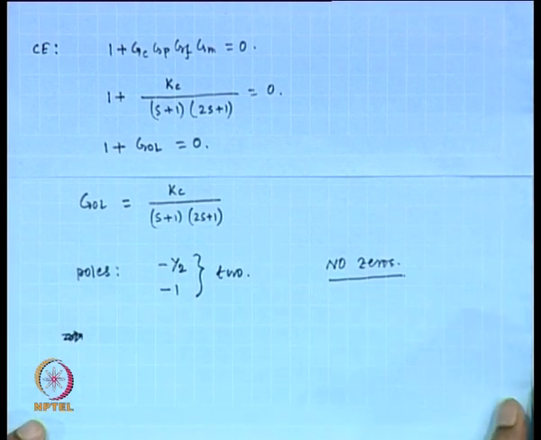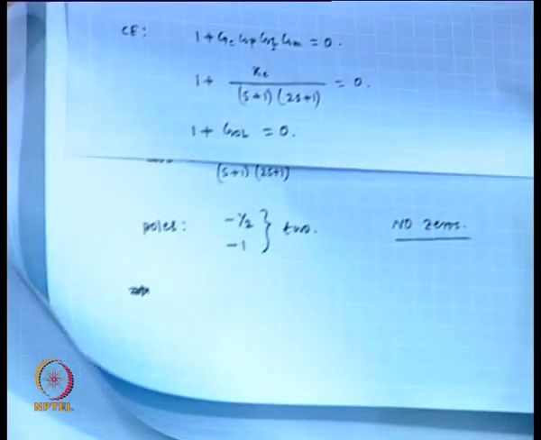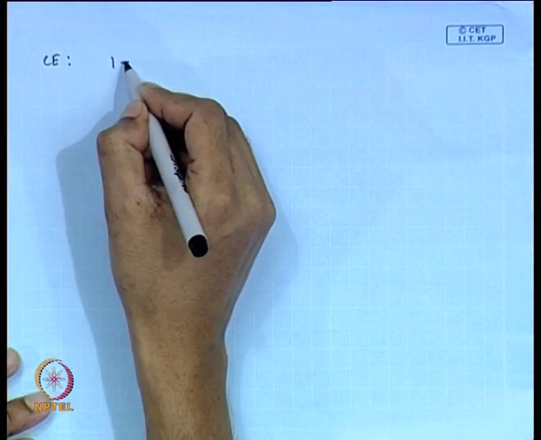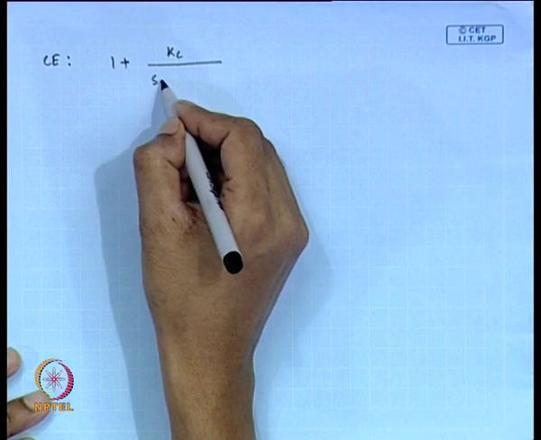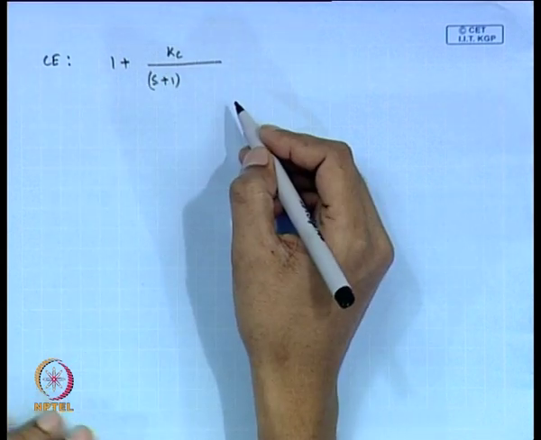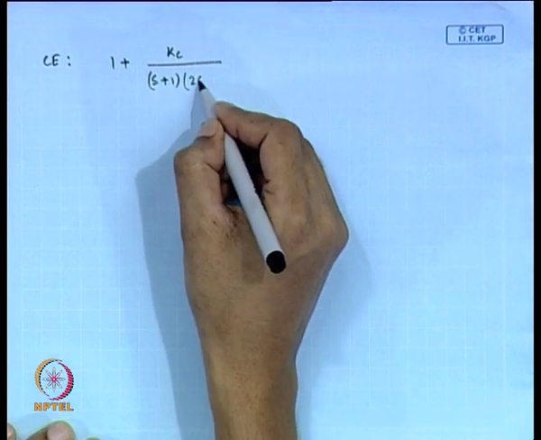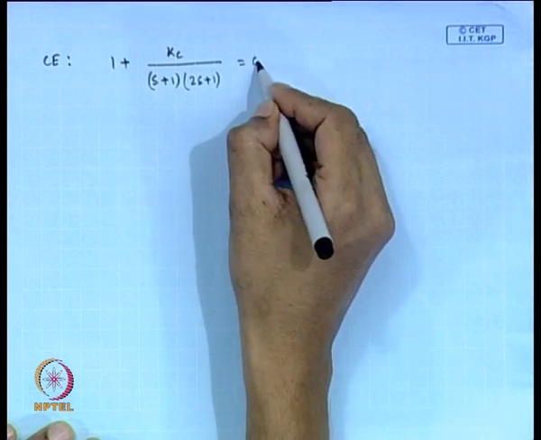Our characteristics equation is 1 plus Kc divided by (S plus 1) multiplied by (2s plus 1) equals 0.